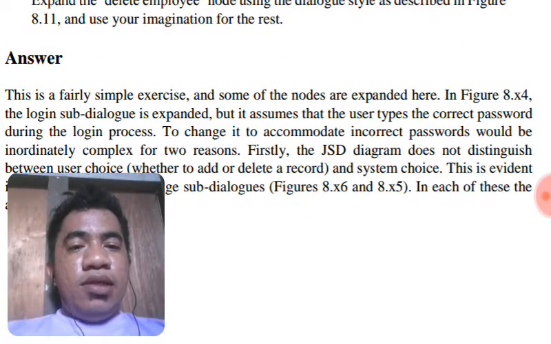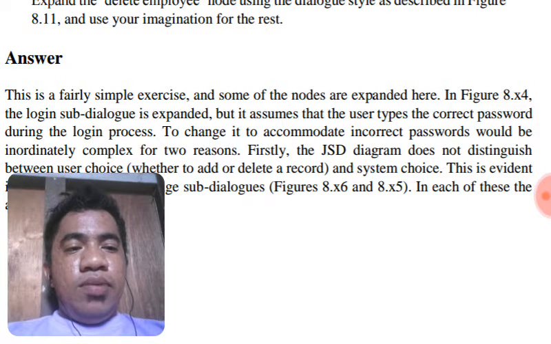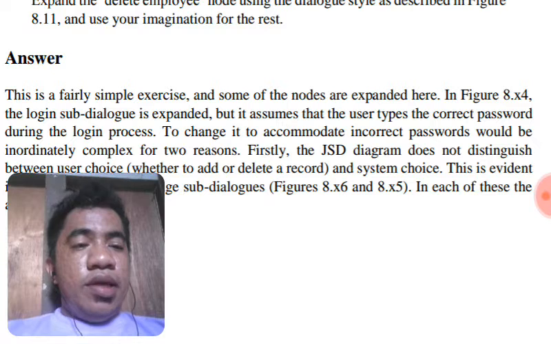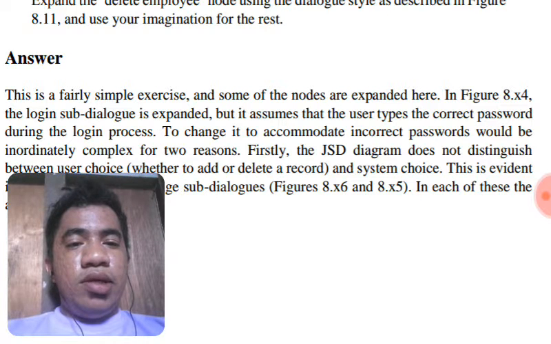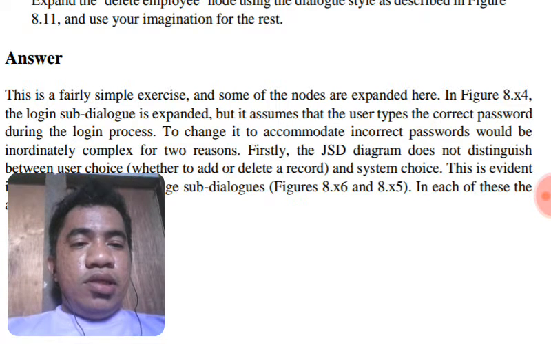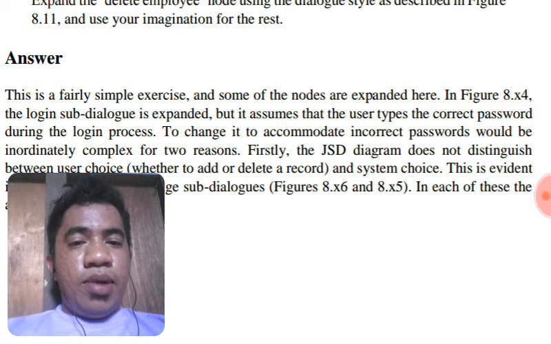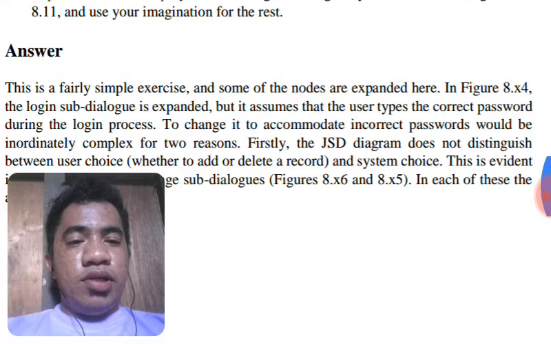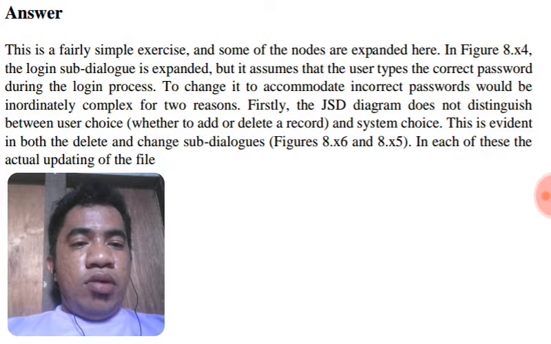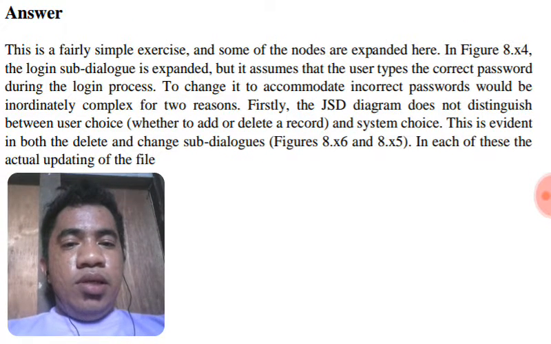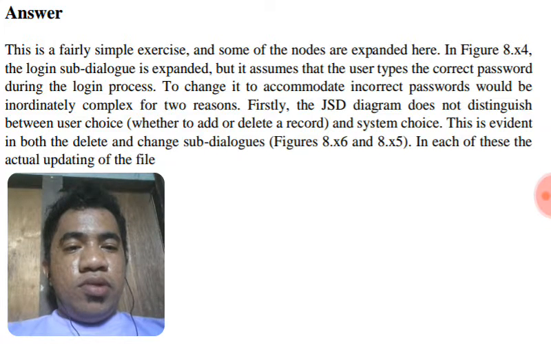This is a very simple exercise and some of the nodes are explained here. In figure 8.x4, the login sub-dialog is expanded, but it assumes that the user typed the correct password during the login process. To change it to accommodate an incorrect password would be inordinately complex for two reasons.